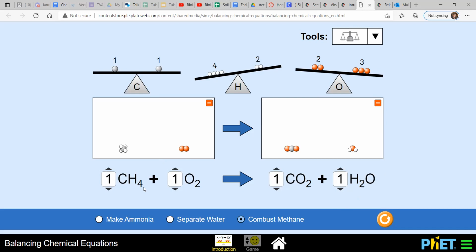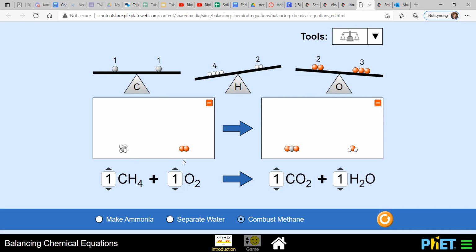So any combustion equation, or when you hear combustion, think about CO2 and water being the products after that reaction. We added methane, oxygen, and CO2 and H2O. Carbon's balanced, hydrogen is not, and neither is oxygen.